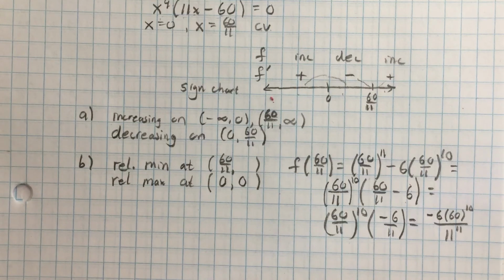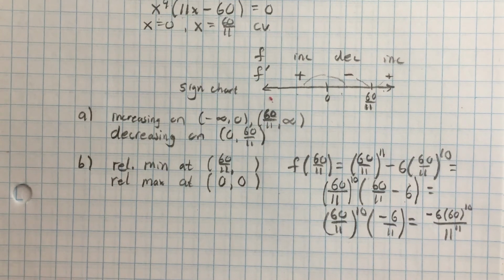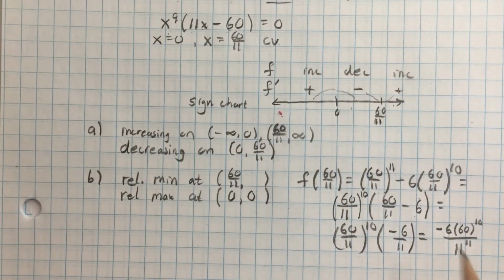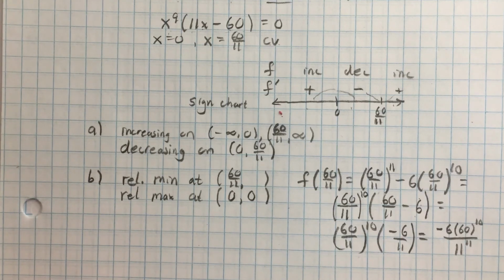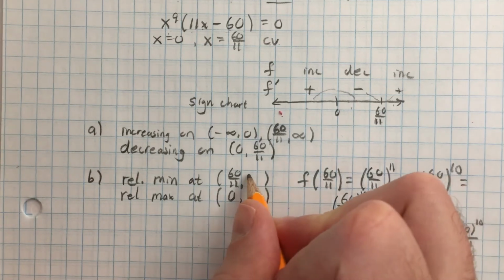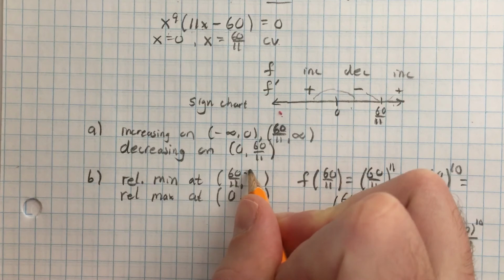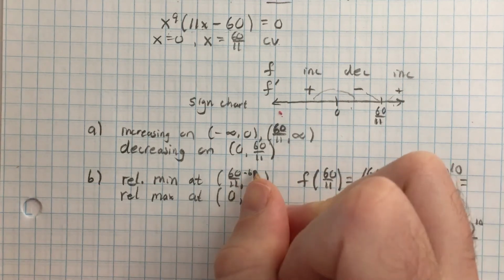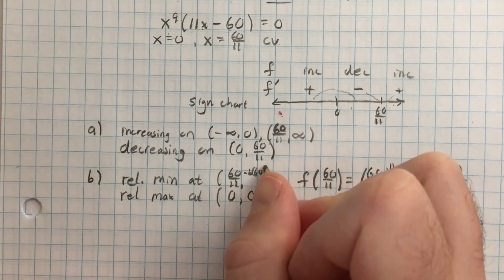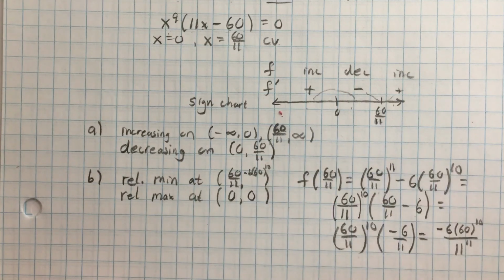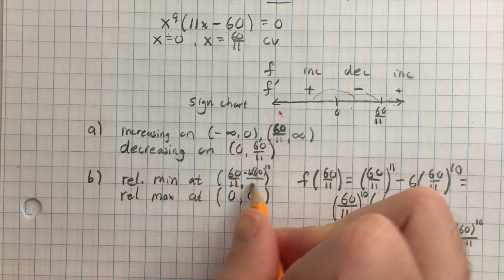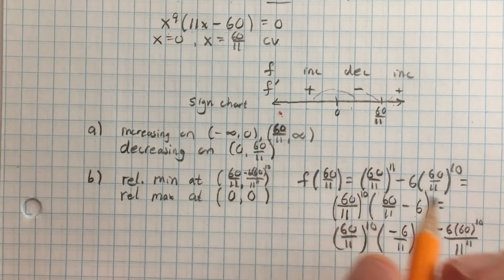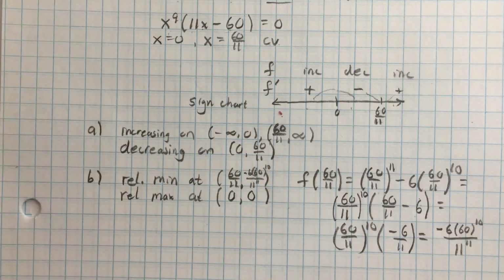We'll just leave it like that. There's no reason to compute the final value. It's too cumbersome, and it's more concise written like this, to be honest. So negative 6 times 60 to the 10th over 11 to the 11th. All right, there's our answer for the relative extreme locations.